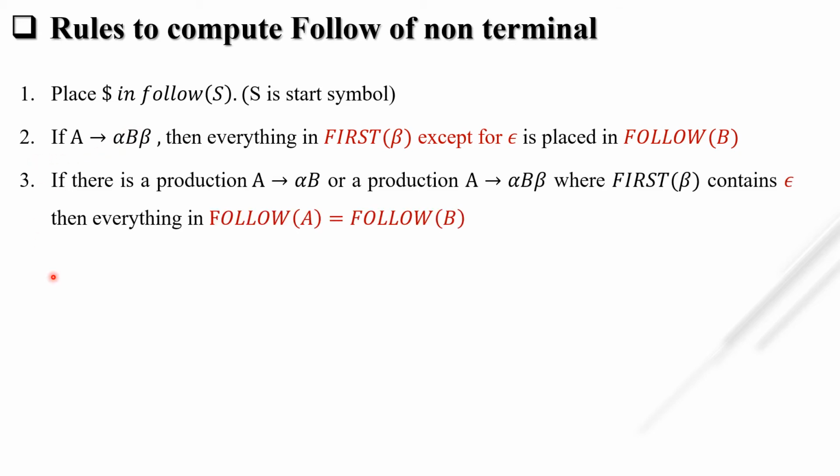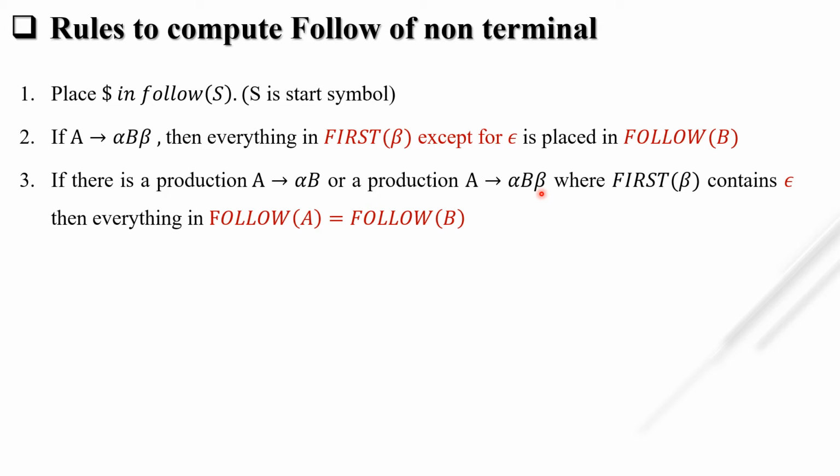And what is rule number 3? If there is a production capital A tends to alpha capital B, or a production A tends to alpha capital B beta, where first of beta contains null. So if beta contains null, then the production looks like this. If beta does not contain null, then the production looks like this.